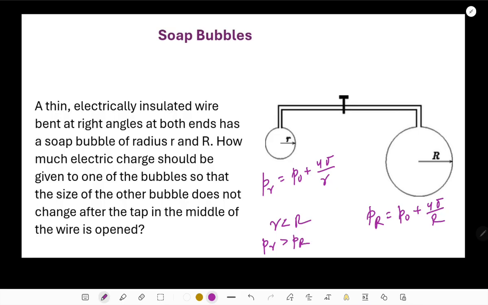And if we were to open the tap, the smaller bubble is simply going to deflate completely, and the larger one would expand. It is our job to prevent this, to keep this larger bubble at its size, and we also need to save the smaller bubble from deflating.